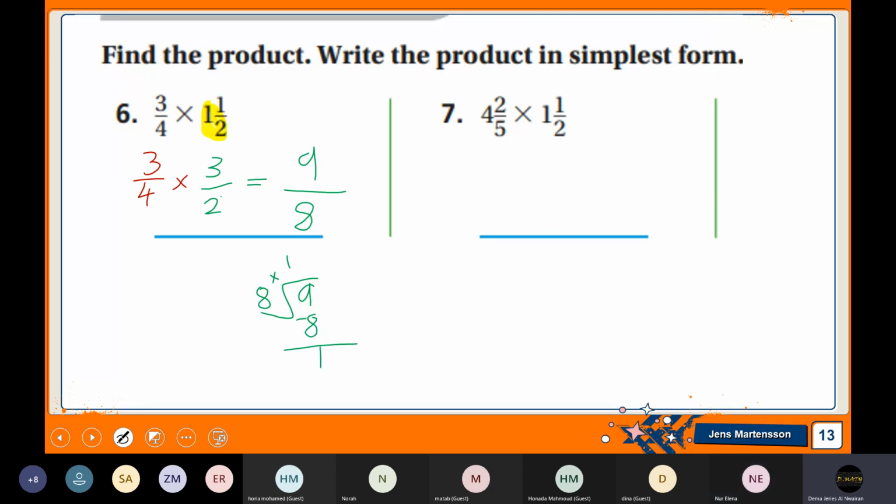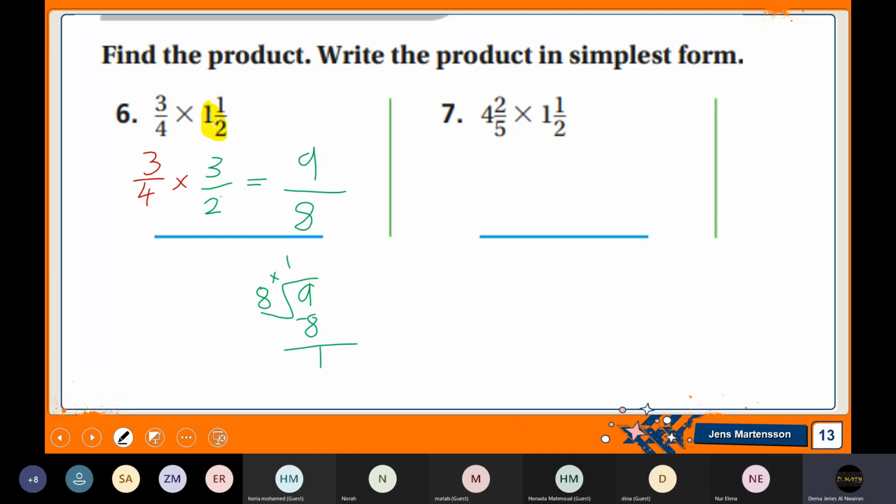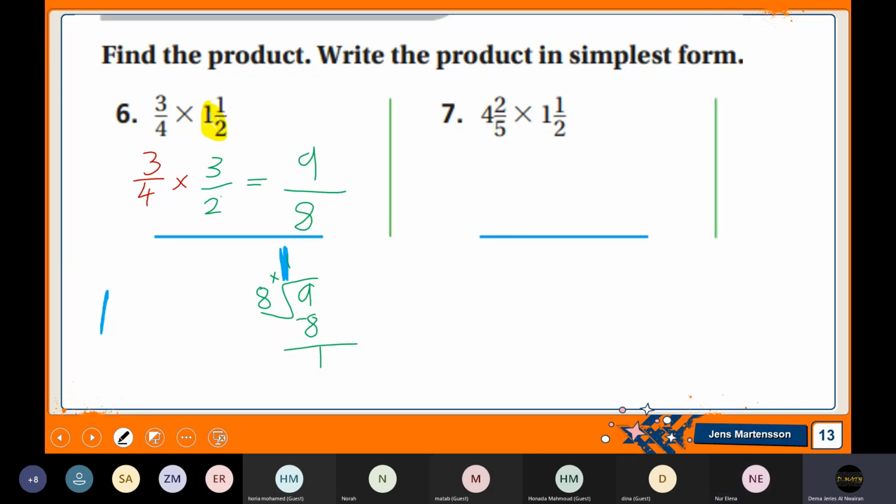Now, how will it be? 1 and the number that is down, you have to write it up, over 8. Good job. So the answer is 1 and 1 over 8.